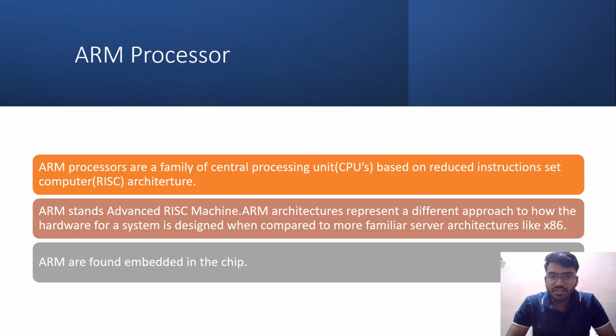ARM architectures represent a different approach to how the hardware for a system is designed when compared to more familiar server architecture like x86. Then ARM are found embedded in the chip.